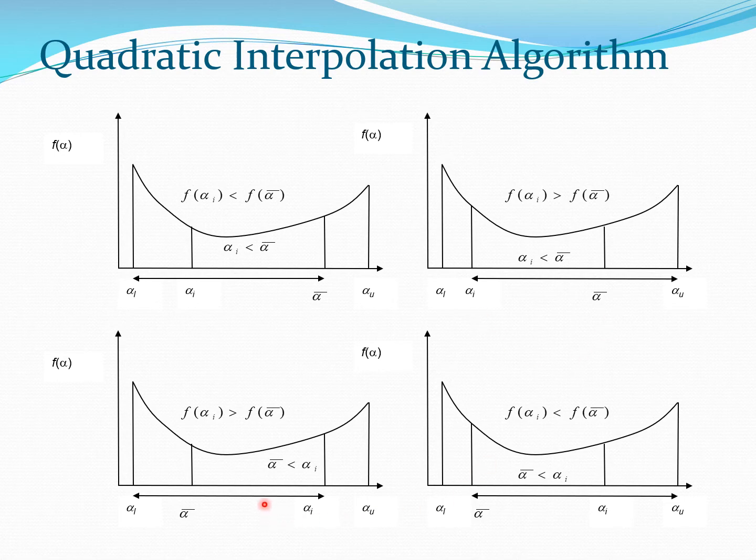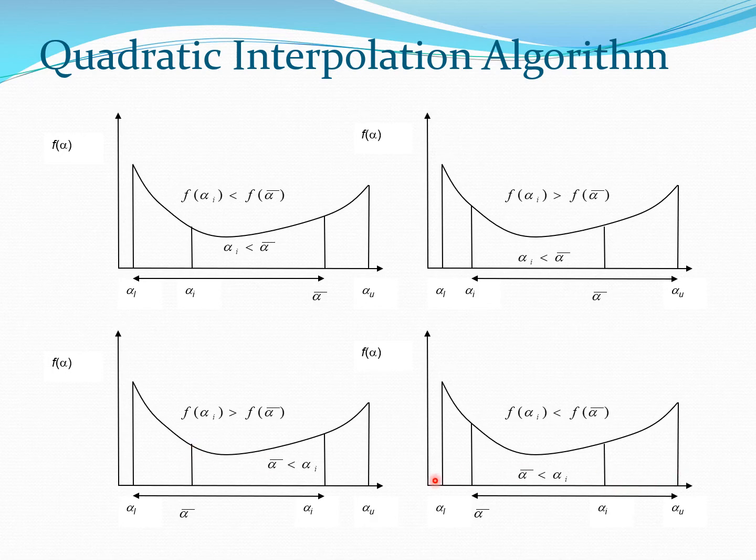Now the second case is where alpha bar is less than alpha I. So here in both cases alpha bar is less than alpha I. So here let us again look at 2 situations. f alpha I is greater than f alpha bar. So you can see here f alpha I, this point, is greater than f alpha bar, which is this point.